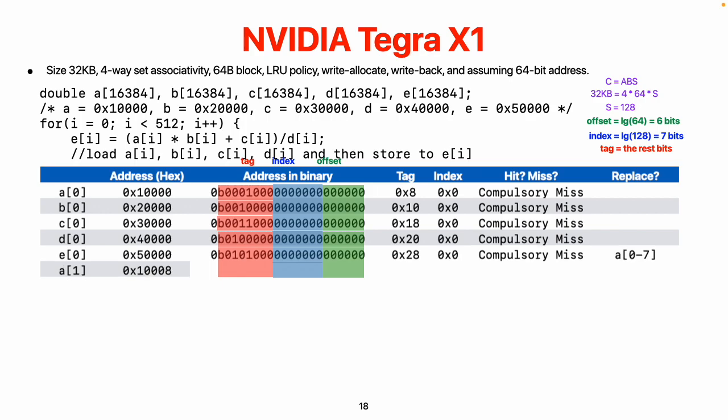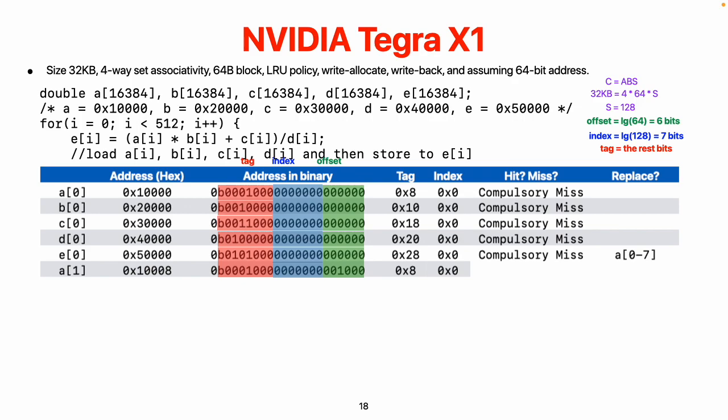Now, looking at this one. What kind of miss? Conflict miss. Why is it not capacity miss? So here's the thing. If you look at the whole cache, we have 32 gigabytes. How much space have we used? We just used 5 blocks, that's just a few hundred bytes.